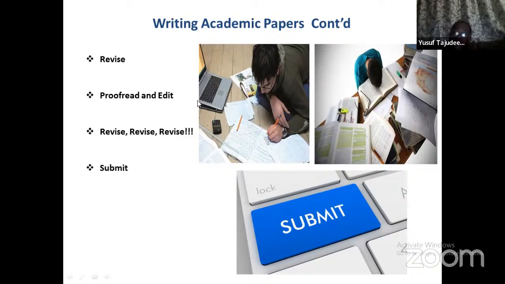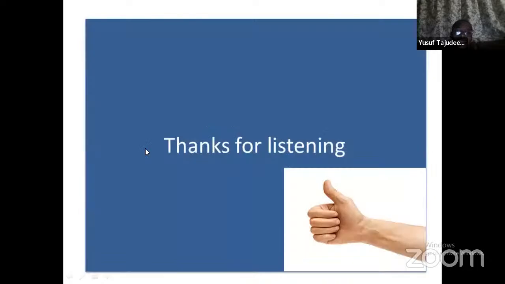After doing that, you make sure you format everything in line with the journal requirement, then you press the submit button. So you await reviewers' response. I think this brings us to the end of academic writing. Thanks so much for listening.